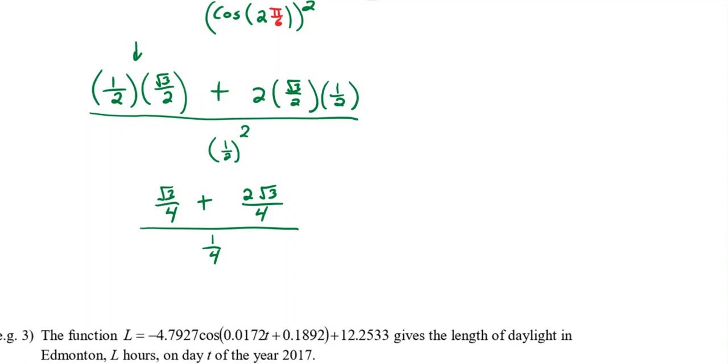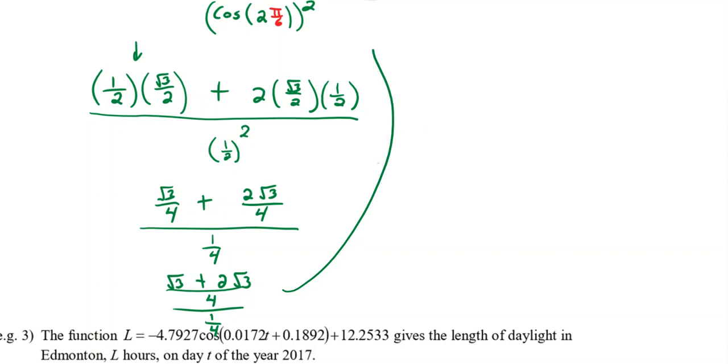Okay. Now, you can simplify the top there, right? Put it all over a common denominator. So that'd be root 3 plus 2 root 3 over 4 all over 1 over 4. Now you can probably see right now that we can just cancel those, but if you like, we can flip that around. I'm going to need lots of room for the next part anyway.